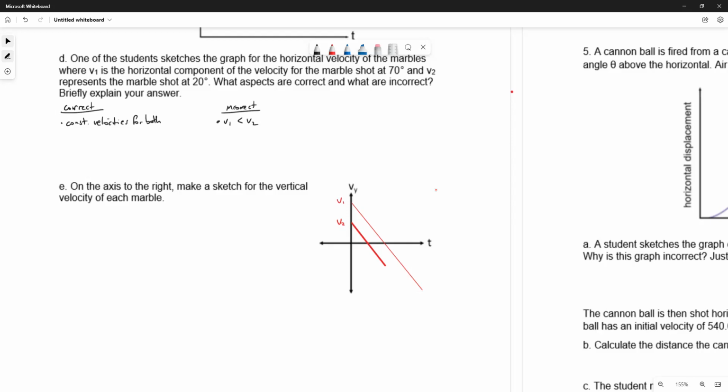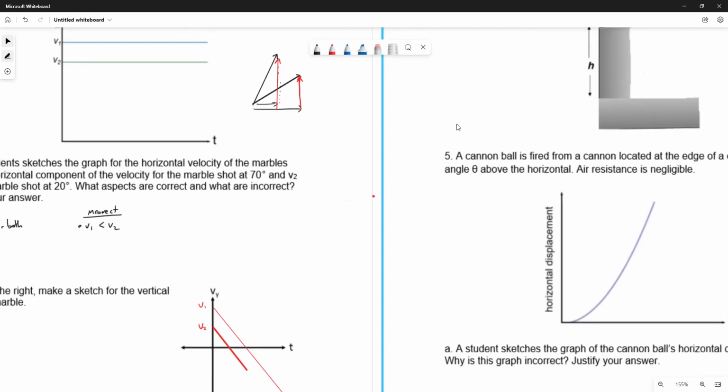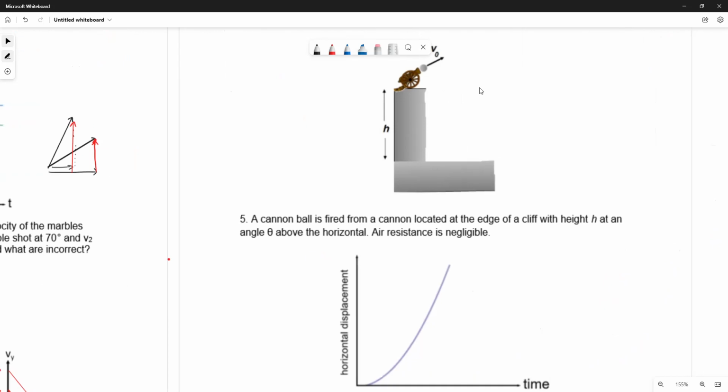B2 doesn't stay in the air as long, but its values are lower in magnitude, right? But they both have the same slope, which is, I think, what's most important in these two graphs. That and just knowing which one should be higher than the other. Okay, and that is it for that one.